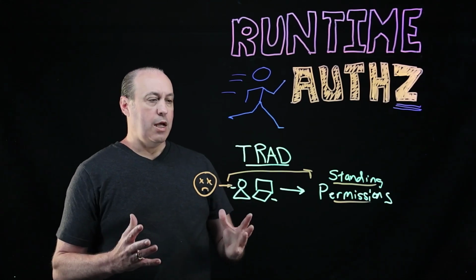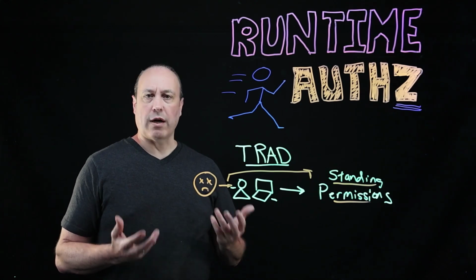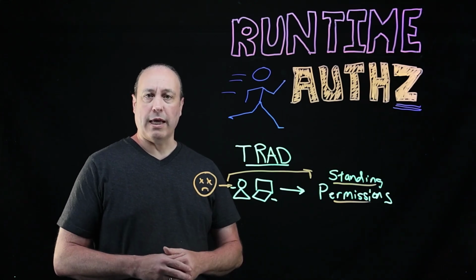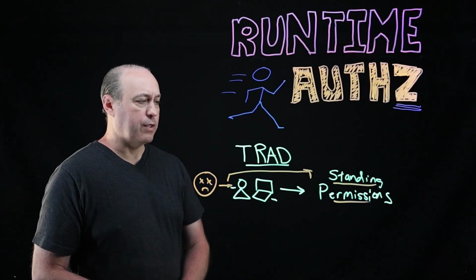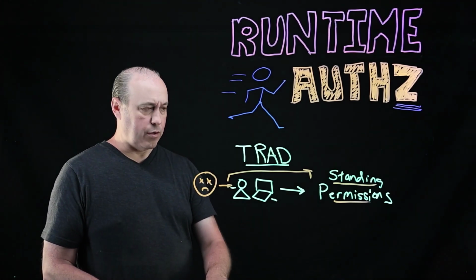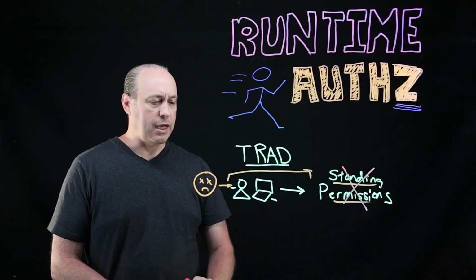And now everything has shifted into hyper scalable environments, cloud-based development, and AI. So a new approach is now required. Standing permissions are no longer the thing. Those don't work anymore.